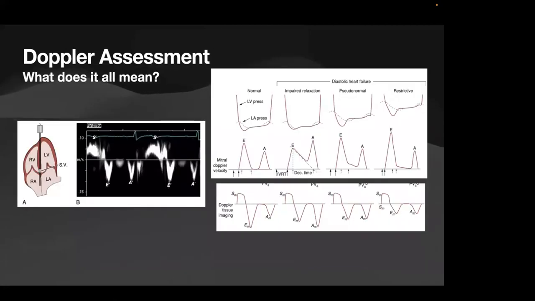And so then how do we do this? All right, so I guess for those who haven't had a chance to put a probe in their hand, we go to our apical 4-chamber view, our transducer is at the apex, and then we put our sample volume for our pressure wave using some Doppler techniques, both at the medial aspect of the annulus of the mitral valve and the lateral aspect of the annulus of the mitral valve.